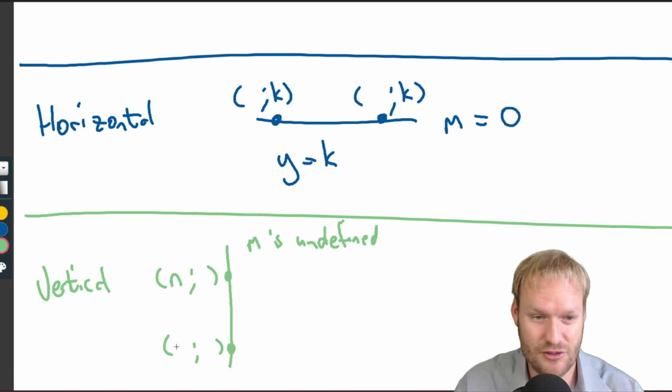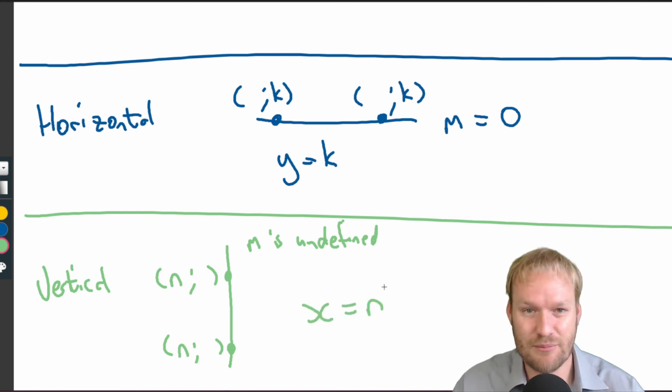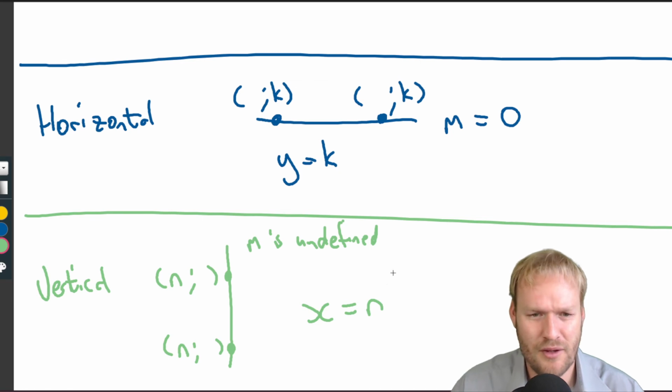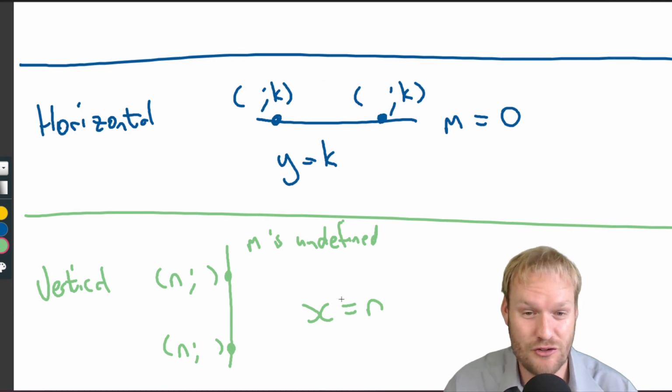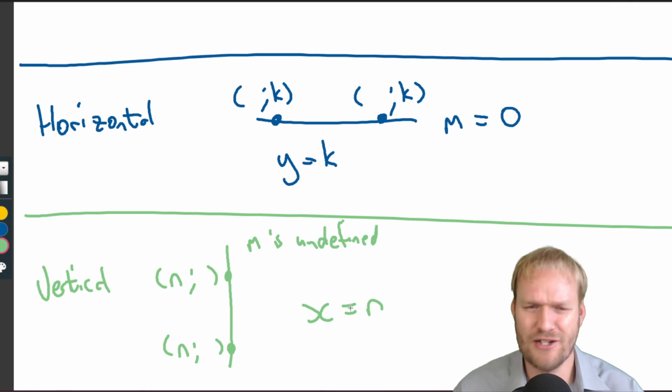If this is n, this will also be n, even if the y values change. So in this case, we'll have x equals some sort of constant. Just a quick note on this, we cannot write it in the form y equals mx plus c. This is not a function, so we'll always say that any straight line function can be written as y equals mx plus c, but this is not a function.